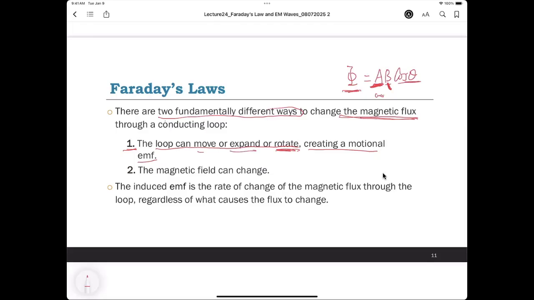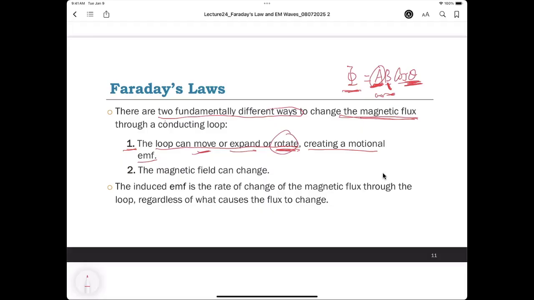Expand means the area will change. Rotate means the angle will change. Move means the magnetic field will change, because maybe here the magnetic field is weaker and the other place is stronger. That makes sense to you.